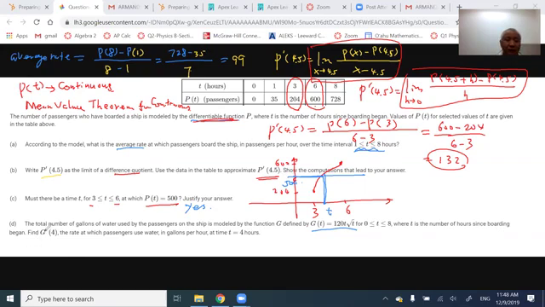They ask you to find the rate of the passengers using the water in gallons per hour at the time T equals 4 hours. So what you can do is take the derivative, right? You're looking for G'(T), but T must be equal to 4, right? So you take the derivative of this function here.